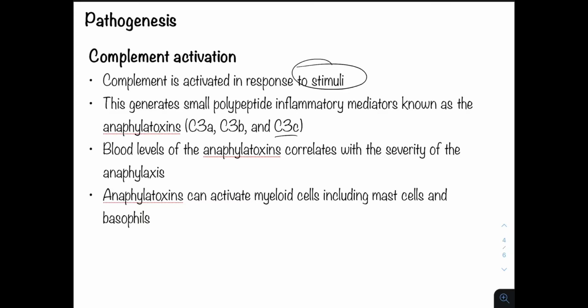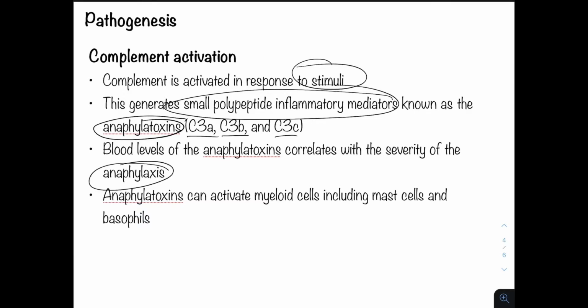Activation of complement results in the production of small polypeptide inflammatory mediators known as anaphylatoxins, C3a, C3b, and C3c. Importantly, the blood levels of these anaphylatoxins correlate with the severity of anaphylaxis. These work by activating the myeloid cells, which include the mast cells and the basophils.